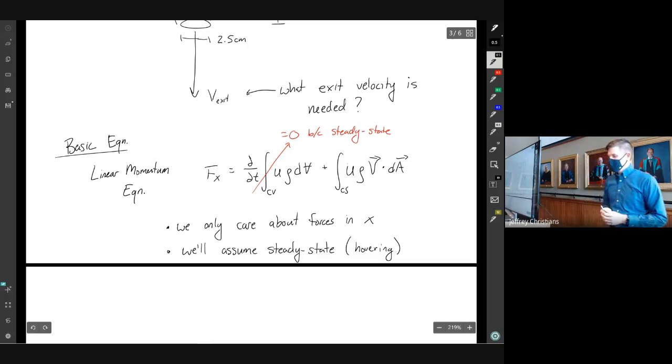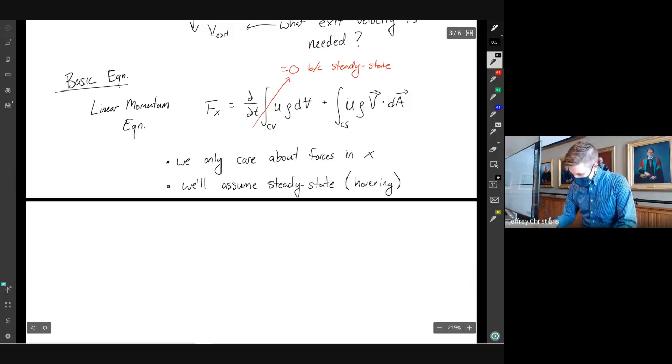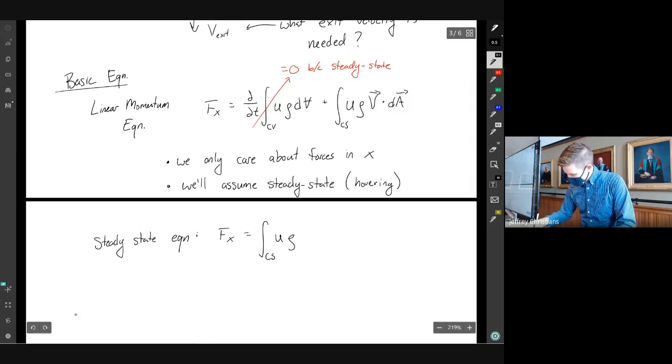Okay, and that's going to be something that we do every single time. So our steady state equation is the sum of all the forces in the x direction equals the integral over a control surface of u rho v dot dA.